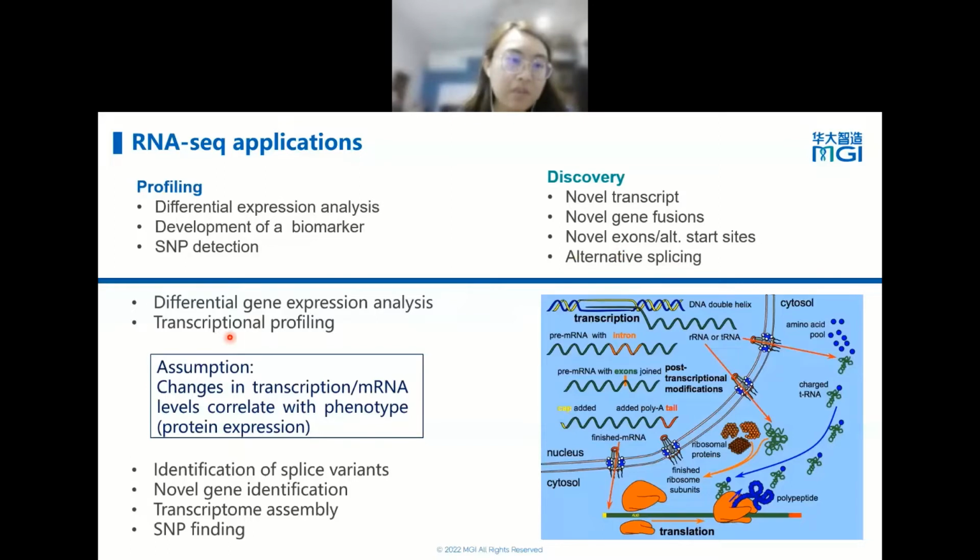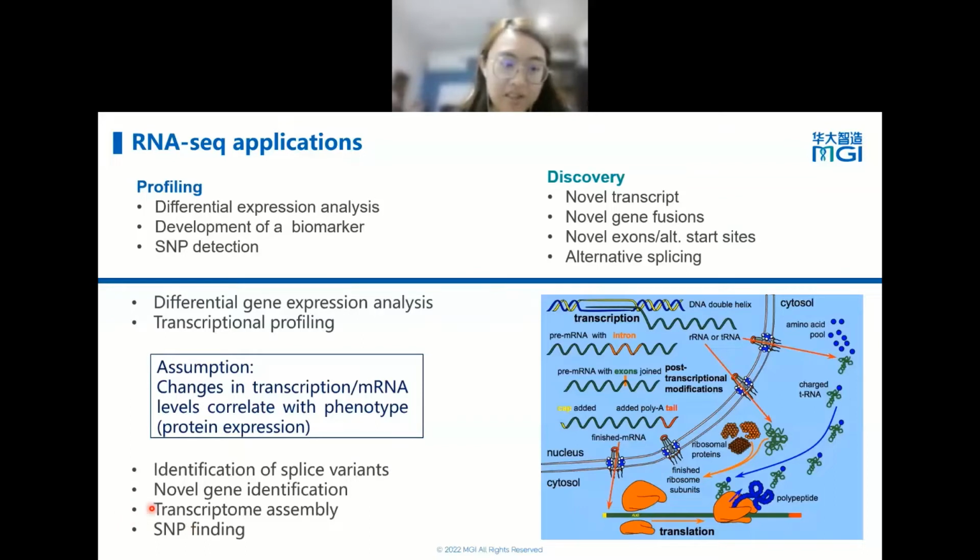When it comes to differential gene expression analysis and transcriptional profiling, these two applications are based on a very general assumption that whatever changes in the transcriptome or the mRNA levels will correlate to the phenotype or the protein expression in that particular biological system or sample that you are sequencing. Other than that, it will be the identification of splice variants, and as I mentioned, novel gene identification.